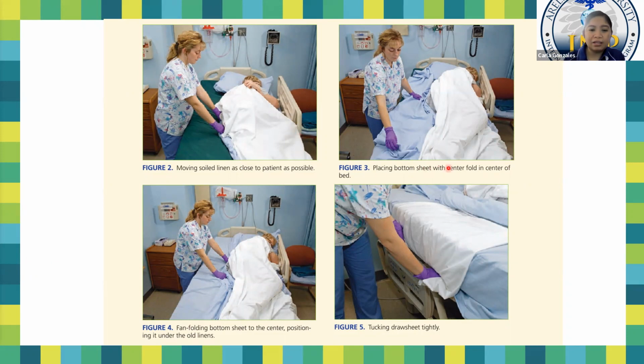So you place the bottom sheet with the center fold in the center of the bed. And so without asking the patient to leave the bed, you will be able to put a new set of linens. So same thing, putting on the draw sheet.